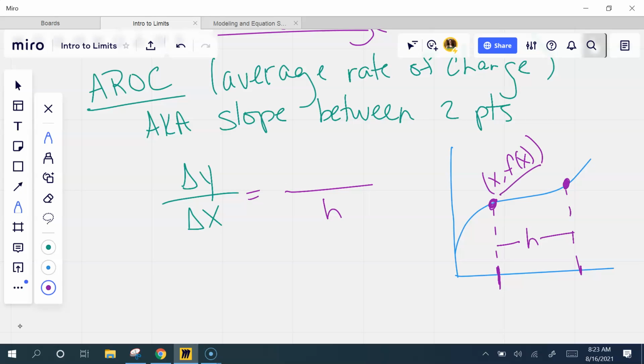If this is x, f of x, and this distance is h, what are the coordinates of this point? You're close. X plus h is your x coordinate. Do you all agree? Good job. All right, so x plus h is my x. What would my y then be? F of x plus h, right?